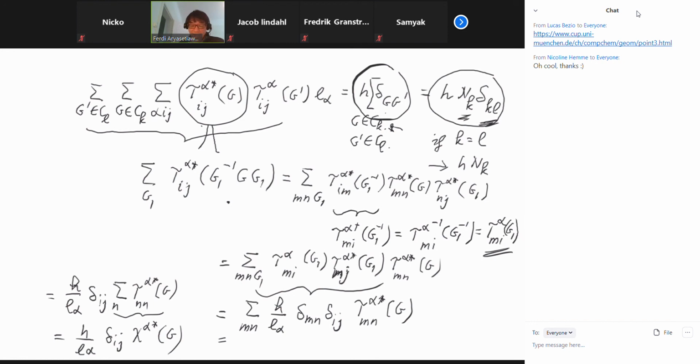Okay, so now I can put this result back here, because I'm considering this matrix over here, and I realize that I can replace it like that.